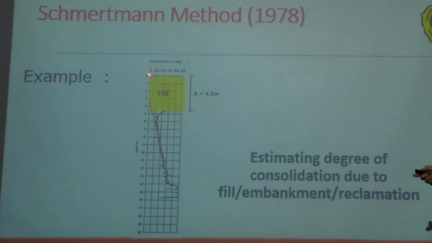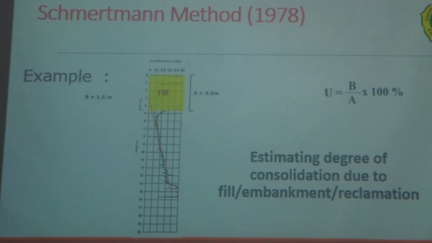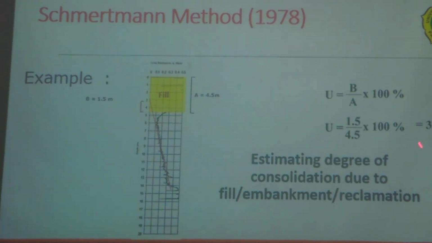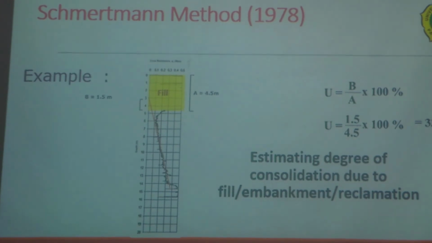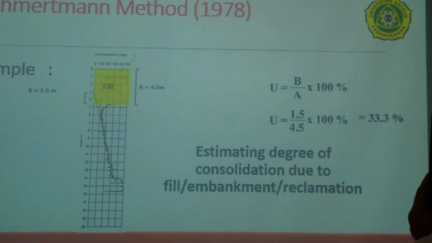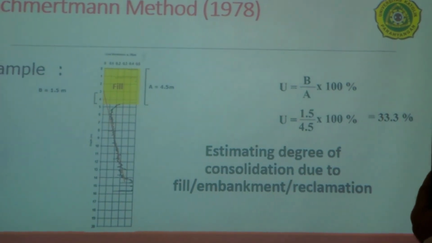It is below the ground surface, and that is 1.5 meter. So this is the degree of consolidation, B divided by A times 100%. So the answer is 63%. So simple. So you can use the CPT to find out the degree of consolidation.